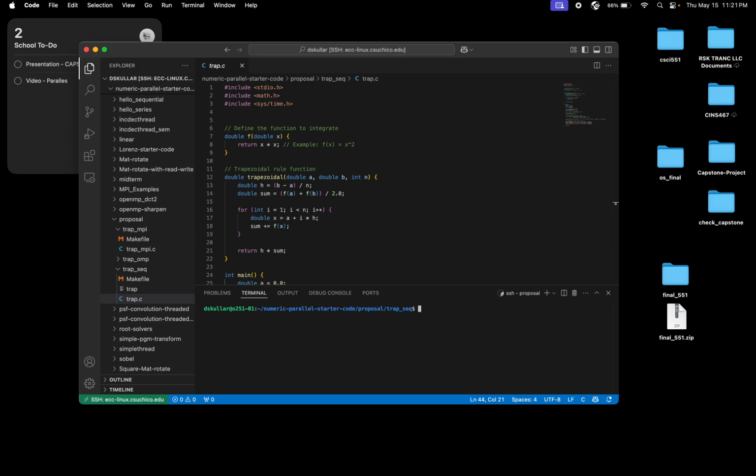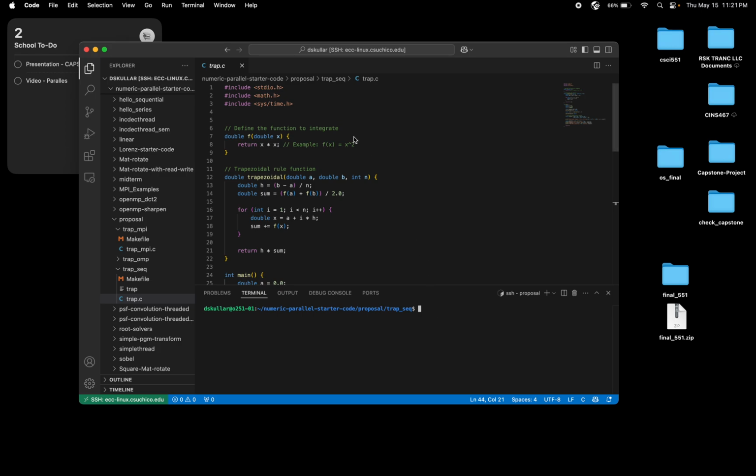In this project, I implemented and compared the performance of the trapezoidal rule for numerical integration. We did this in three programs: sequential, OpenMP, and MPI-based parallel versions. The function I'm integrating is a Taylor approximation of sine of x, but for the sequential example, I used a simpler function.